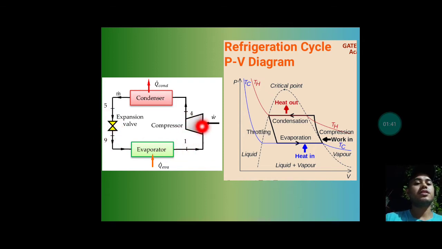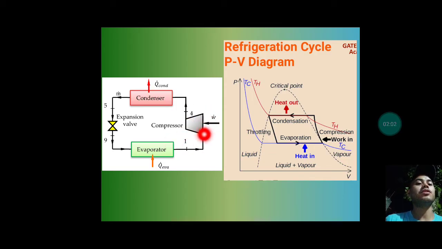Okay, so let's start with the compressor. The function of the compressor is to compress the refrigerant, the freon. We have two phases for our refrigerant: the liquid phase and the gas phase.